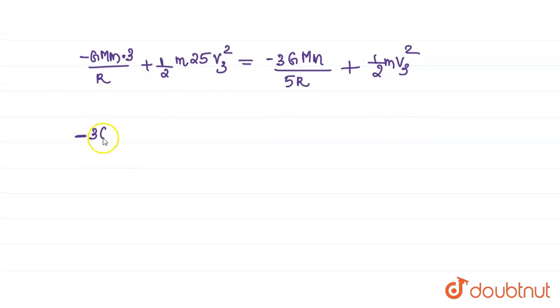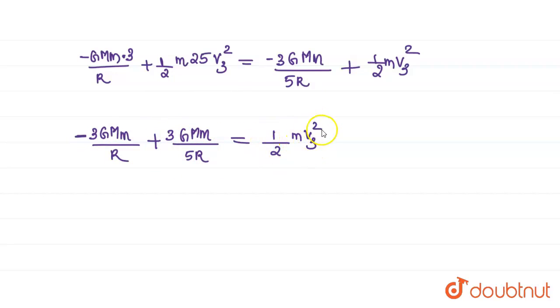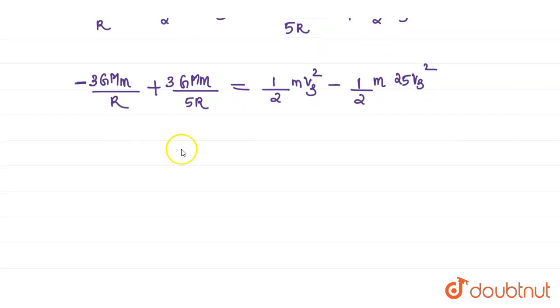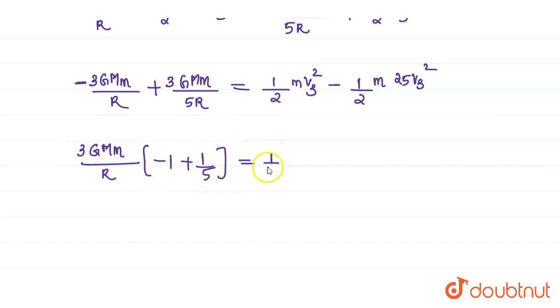That is minus 3GMm by r. I am putting this term on the LHS, so plus 3GMm by 5r equals 1 by 2 m v3 square. I am putting the second term to the right, which is minus 1 by 2 m 25 v3 square. Taking 3GMm by r as common, minus 1 plus 1 by 5 equals 1 by 2 m v3 square common, so 1 minus 25.